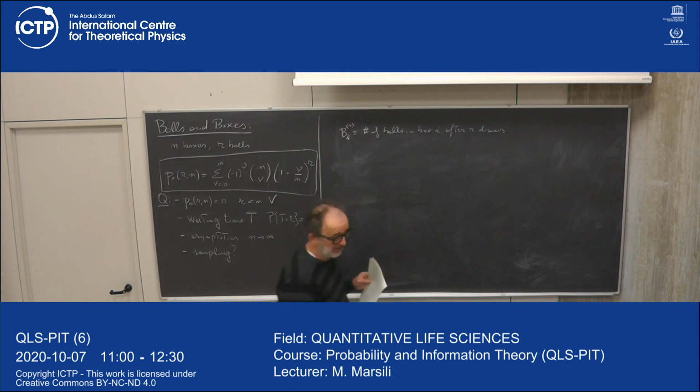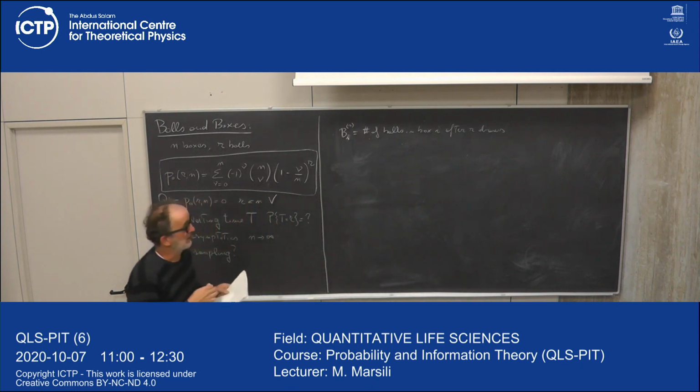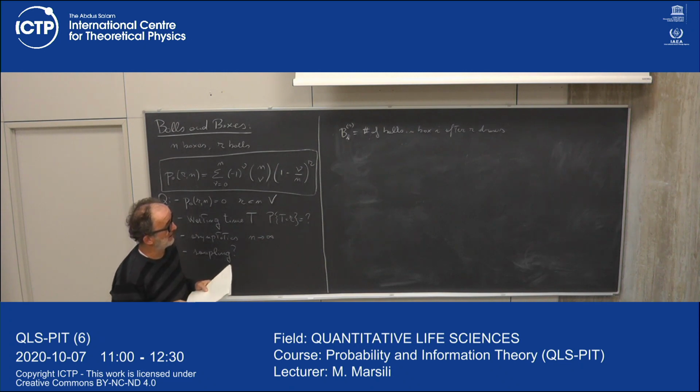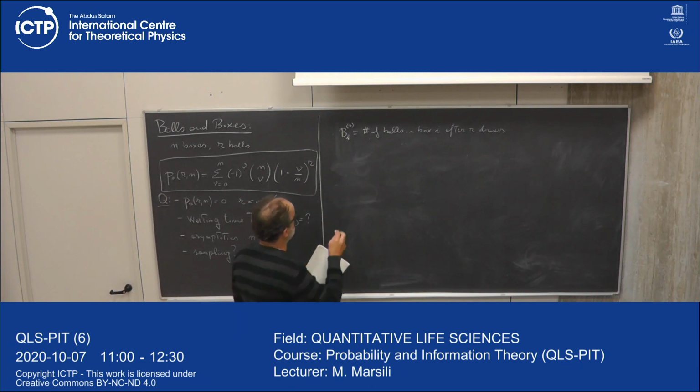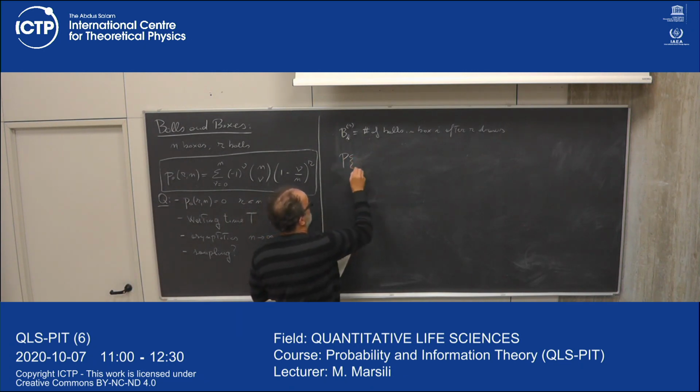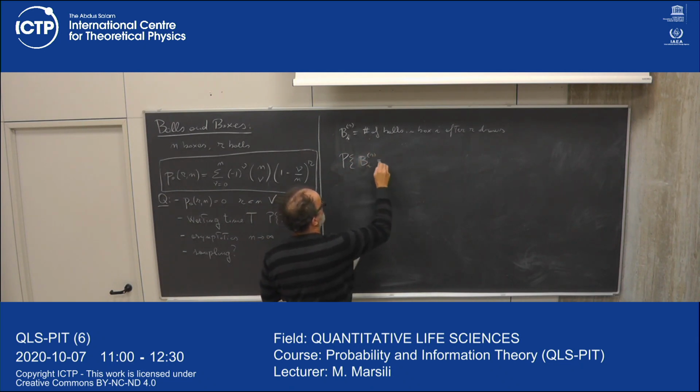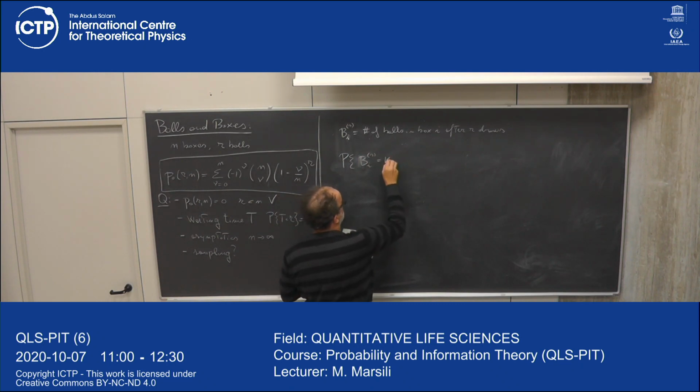After you put R balls, you look just at box i, and you want to understand what is the probability that this random variable Bi(R) is equal to, let's say, k.